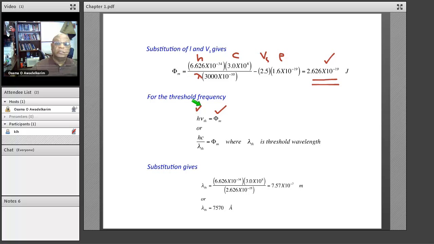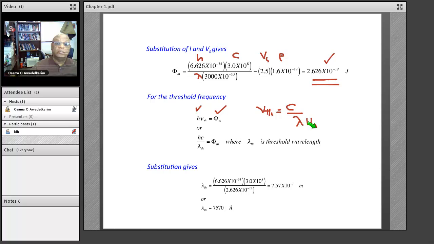So again, nu_th is the same as c over lambda_th, because always the frequency and the wavelength of radiation are related by the speed of light.